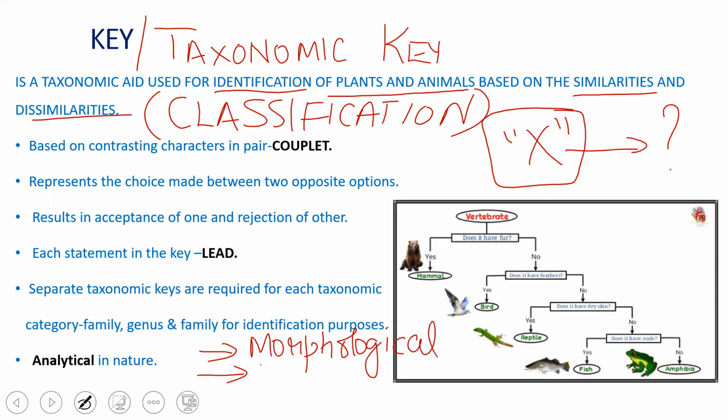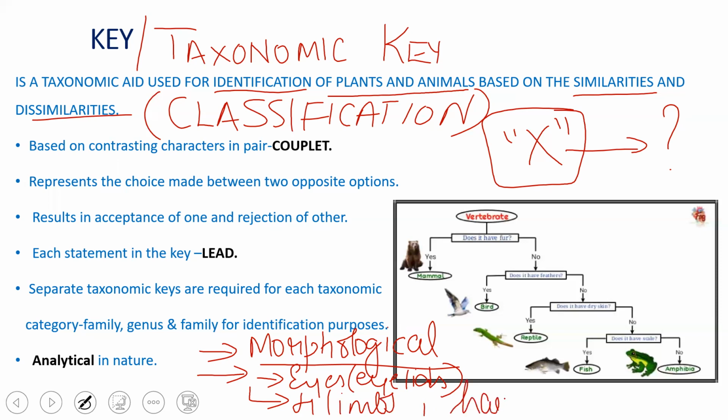What are the morphological characters? Say, for example, you see the eyes are present. There are two eyes with eyelids. Then comes maybe the limbs. There are 4 limbs. Then the exoskeleton is made up of hair or fur.